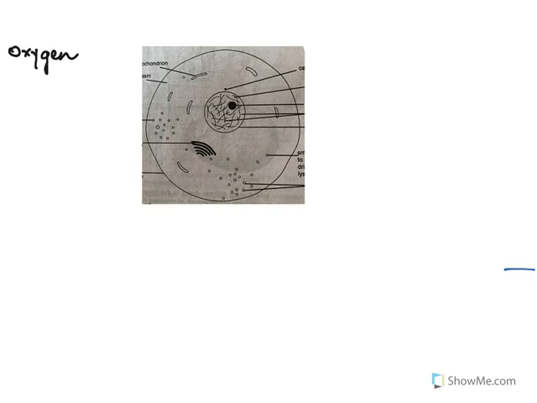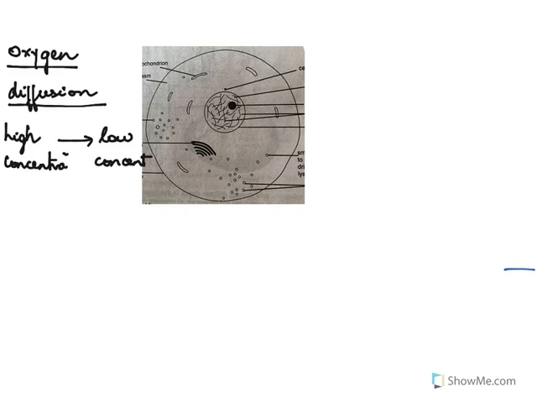Oxygen and carbon dioxide enter and leave the cell by a process called diffusion. I think you are already familiar with diffusion. Diffusion is the movement of material from high concentration to low concentration. Let us take the example of oxygen.